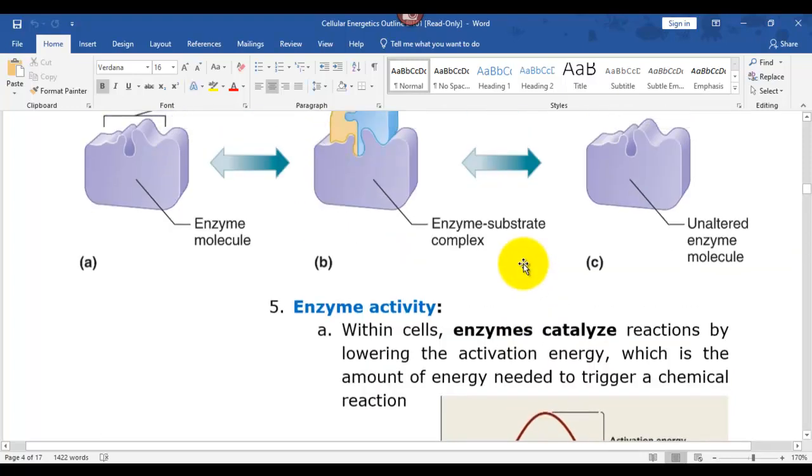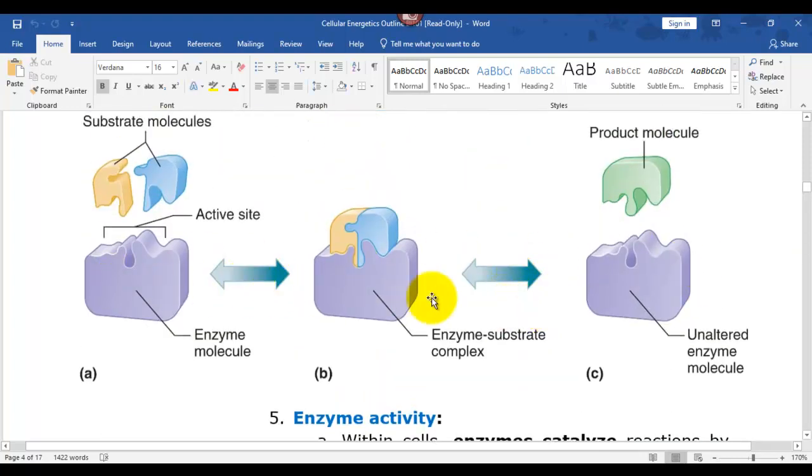In fact, a lot of times with these reactions, the activation energy is so high that they would not occur unless there was an enzyme involved. This would not split into those two molecules, most likely, by itself. This is where the enzyme comes in to help.